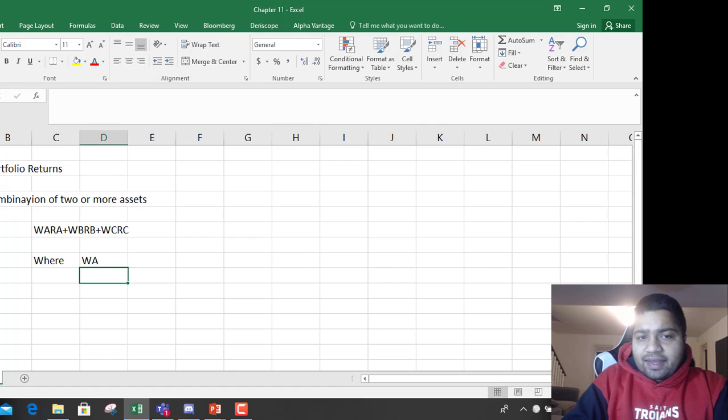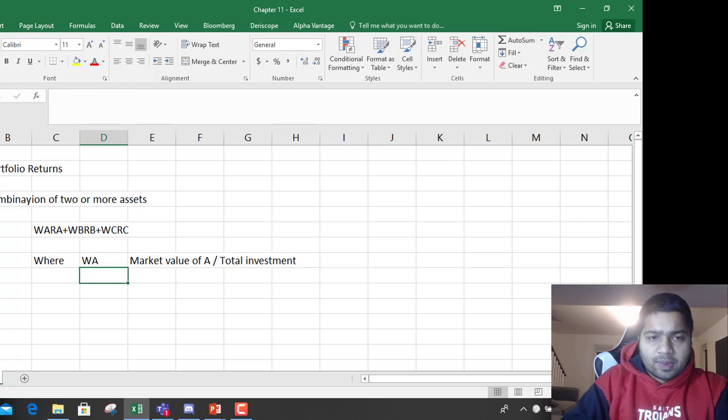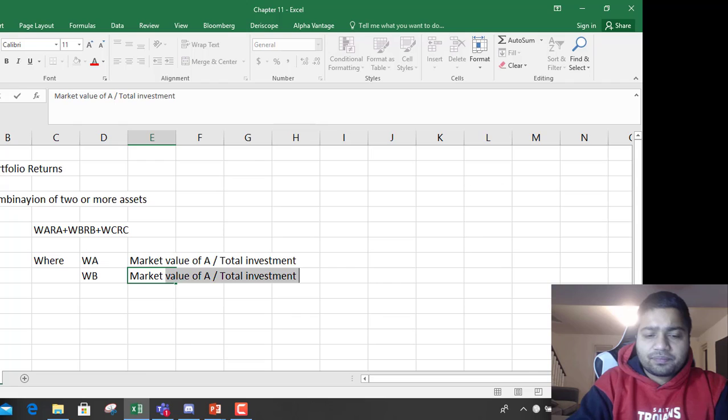weight of asset A equals market value of A divided by total investments. Weight of asset B equals market value of B divided by total investments.